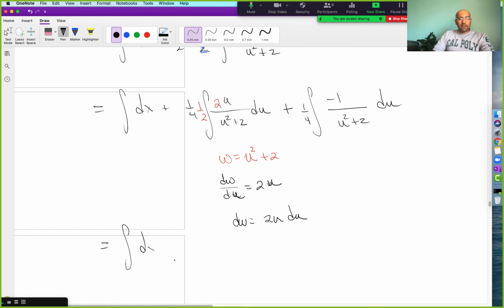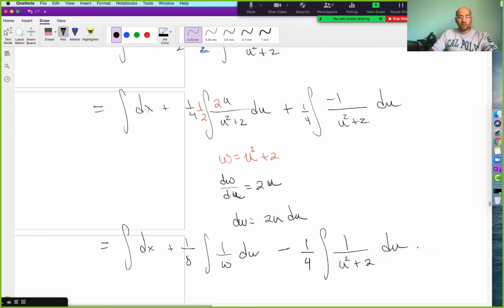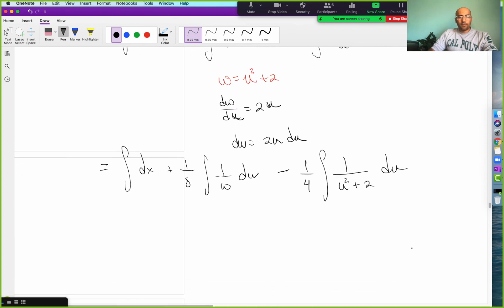Integral of dx plus 1/8, and then it'll be the integral of 1 over w dw, minus 1/4 integral of 1 over u squared plus 2 du. Good.